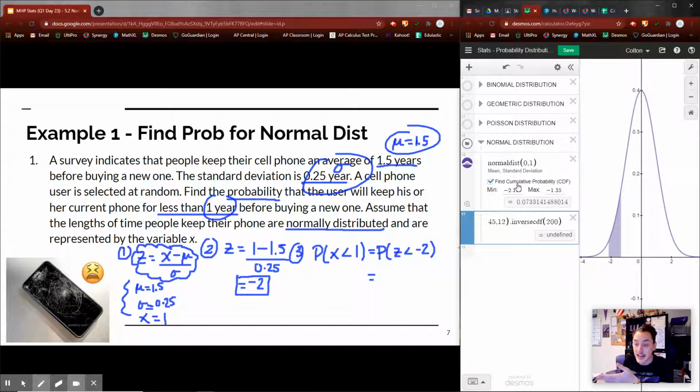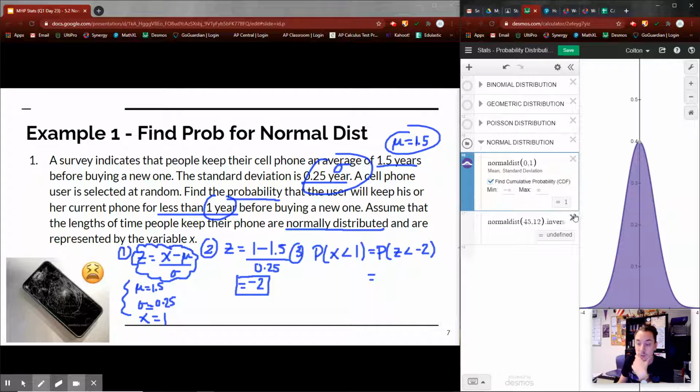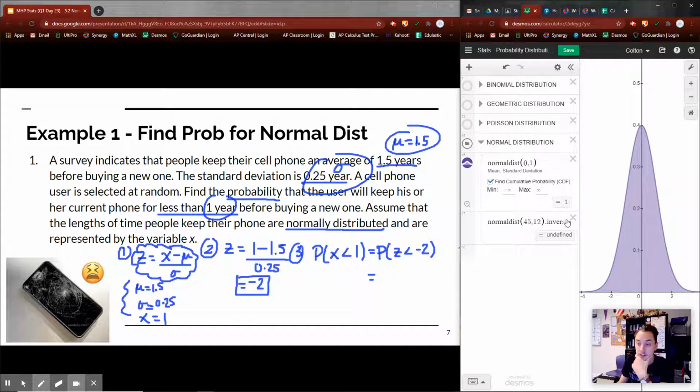So I go over here as a z-score. Let's erase all this. If I want less than 1, think about it, what that actually means is I'm going to have my 1 being my max, because I want everything less than that.